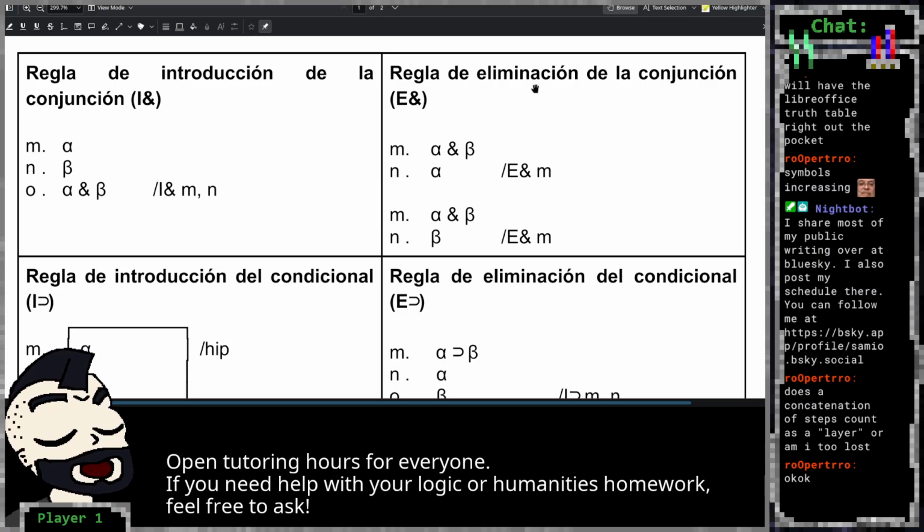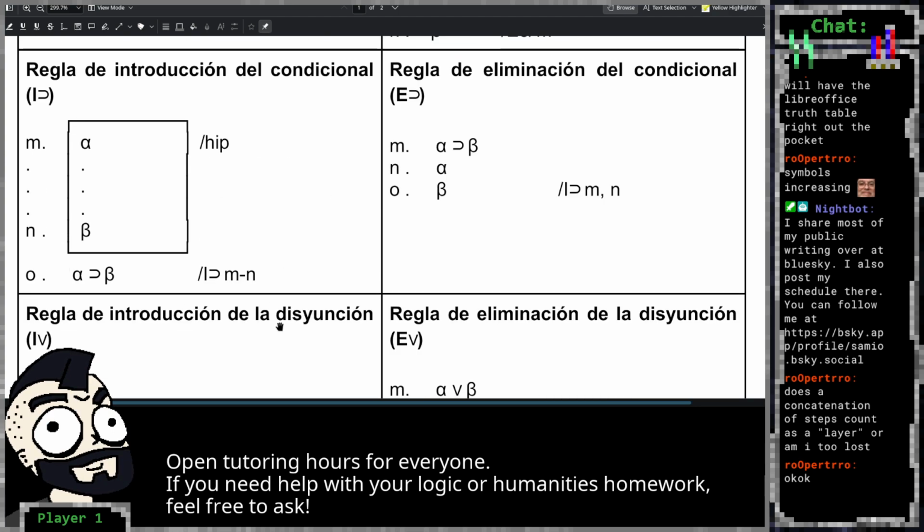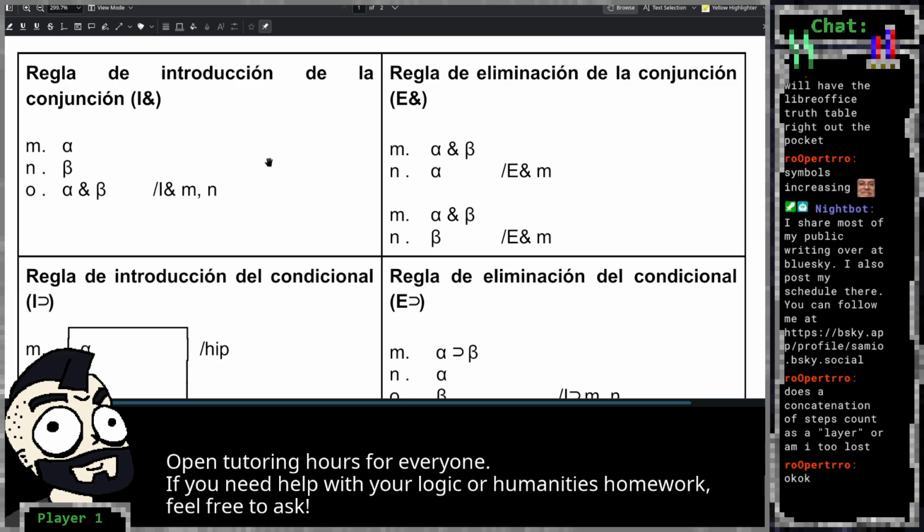They come from the same Latin root. It shouldn't be too difficult to translate. Conjunción means conjunction. Condicional means conditional. Disyunción means disjunction, and so on. It shouldn't be too difficult.